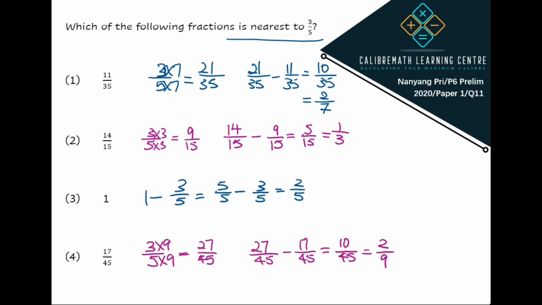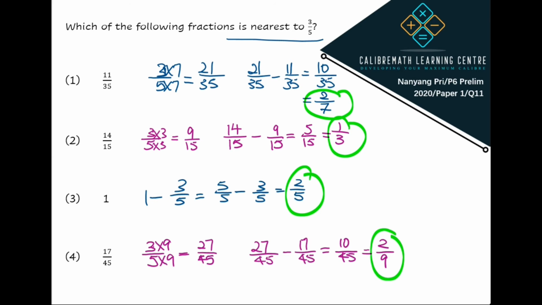Now remember, just now we said that we want to look at that difference and see which of these differences gives us the smallest. So we have these options over here: 2 out of 7, 1/3, 2/5, and 2 out of 9. You can see that out of these 4 fractions, 3 of them have the same numerator.